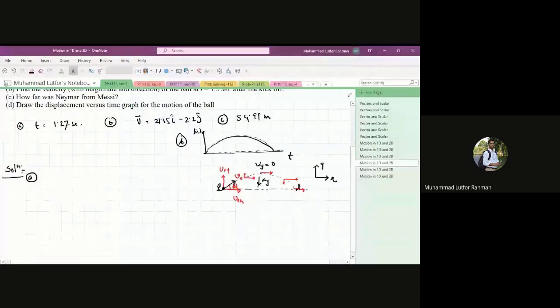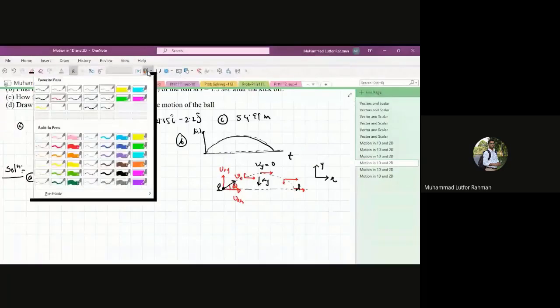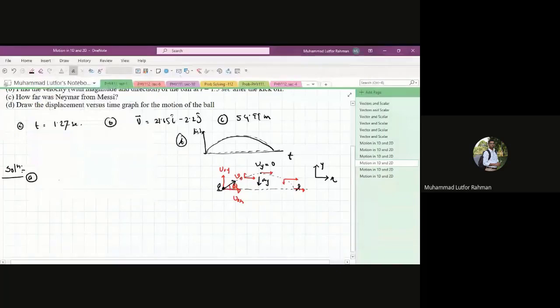So then I can use my formula, that one, say Vy would be V naught y minus gt. I use that formula, V equal to U plus AT, but in a different form actually. We have to use that one. Right.